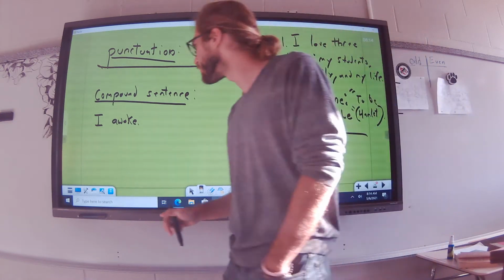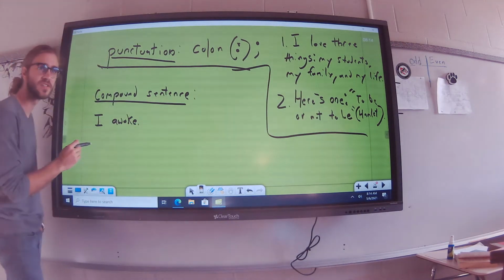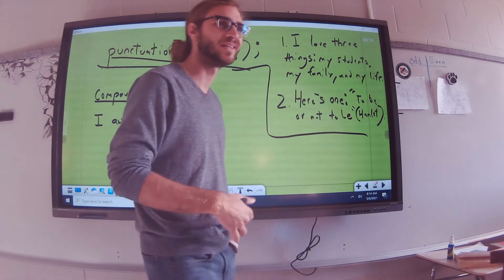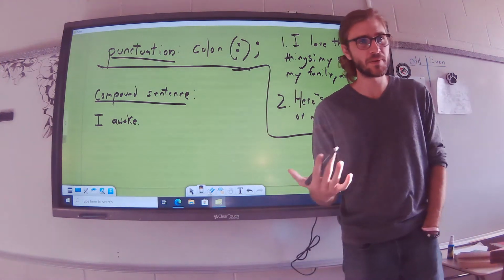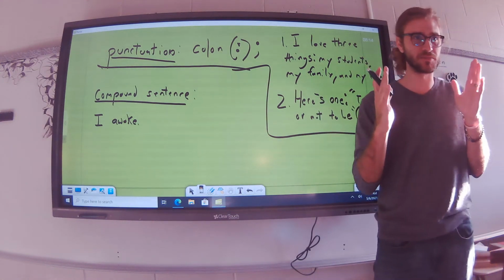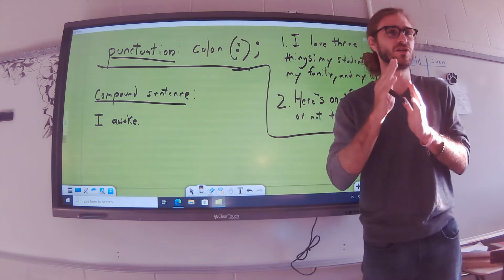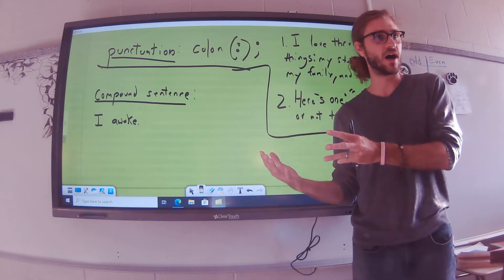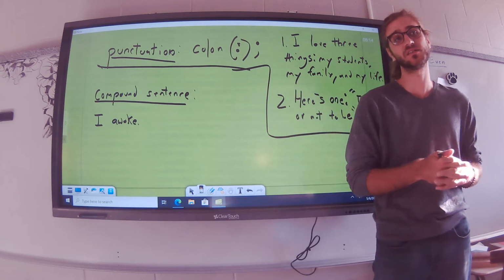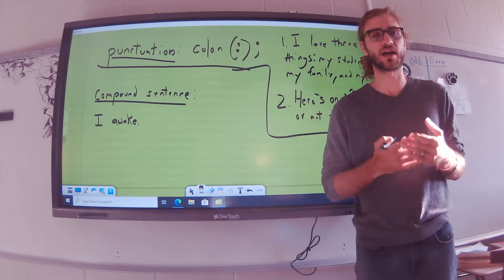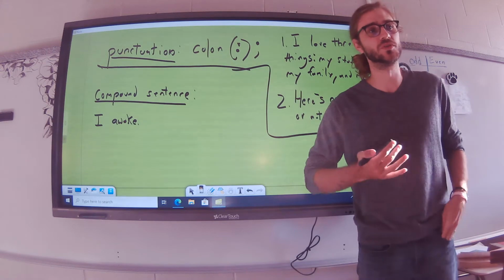Well, before we go on there, remember that we call this a simple sentence, but we also call it an independent clause, right? It's not a dependent clause. Dependent clauses usually don't stand by themselves as sentences. They're usually connected to another independent or set of independent clauses, right? Though creative writers can kind of mess around with these rules.